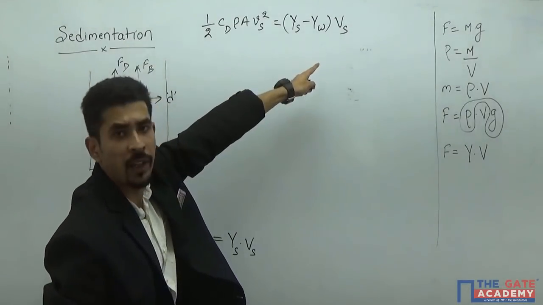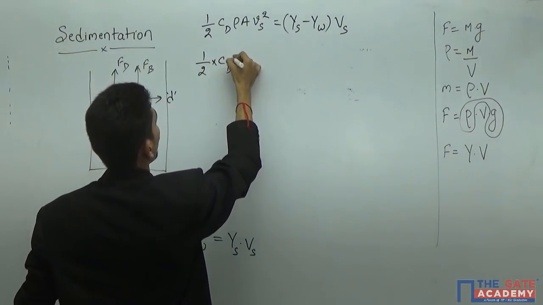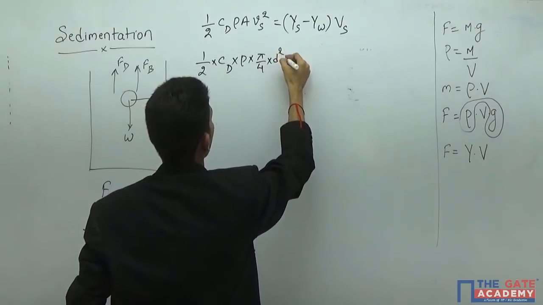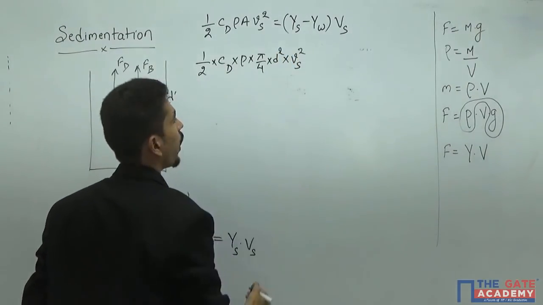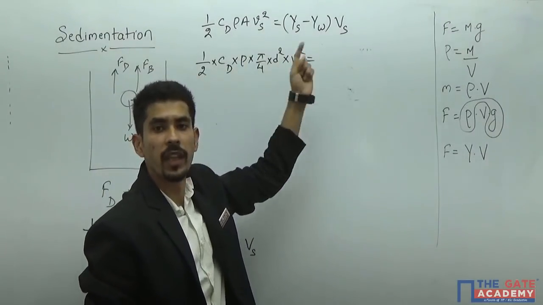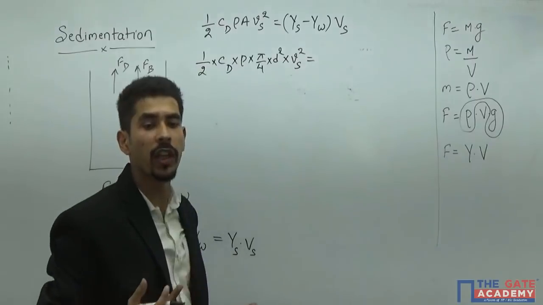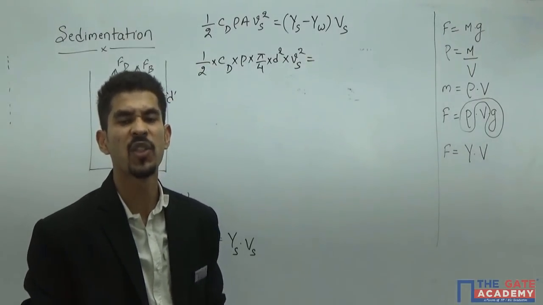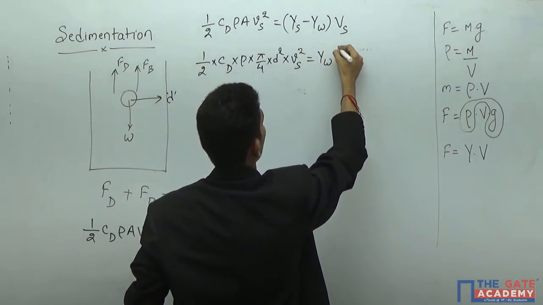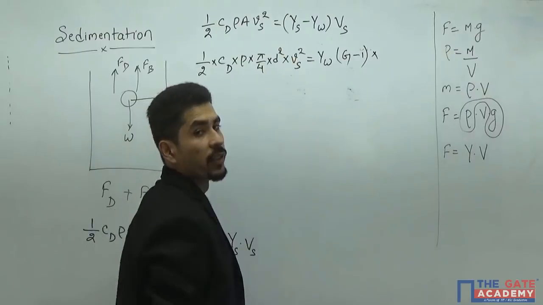We can write area and volume of solids as: 1 by 2 into CD into rho into pi by 4 into d square into Vs square is equal to, taking gamma W common, gamma solid divided by gamma W, which is nothing but specific gravity G. So it becomes gamma W into G minus 1 into the volume of solid.